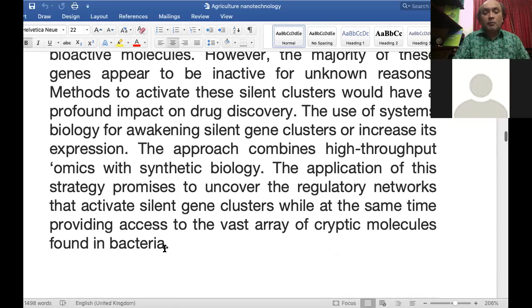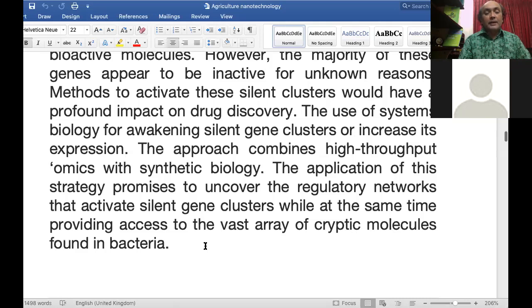So if you can use the synthetic biology or system biology approach to increase the expression of silent genes, you can get those cryptic molecules as bioactive natural products. It is hypothesized, and it has already been proven in some cases, that synthetic biology approaches can enhance the expression of the silent genes and produce the cryptic molecules in large quantity.